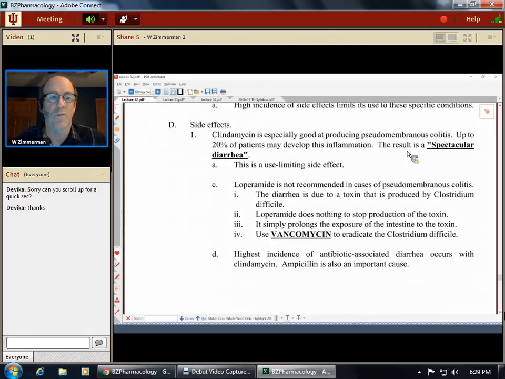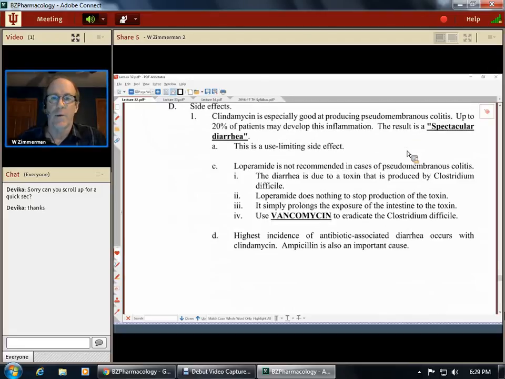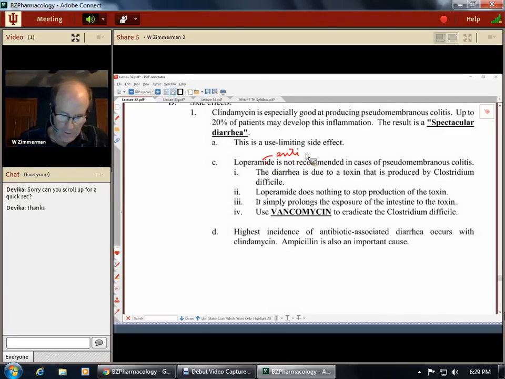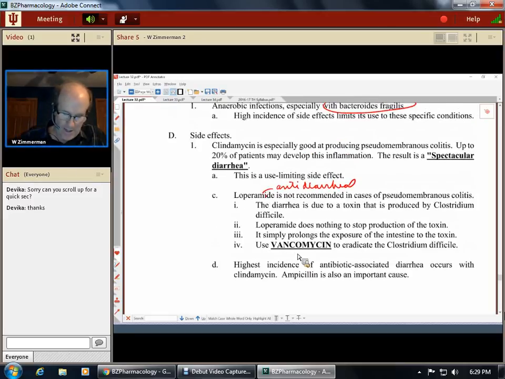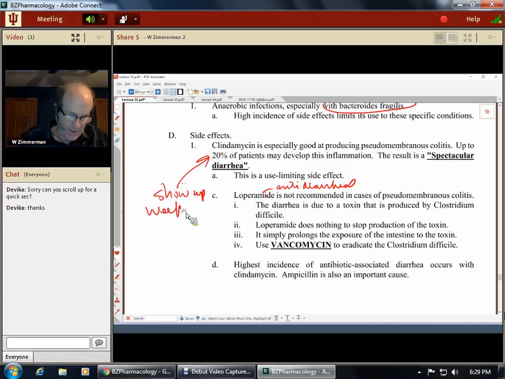Again, I think I've mentioned this before, but loperamide, which is an antidiarrheal, you don't want to use that when somebody's having this diarrhea. And the problem here, again, this colitis, it'll show up weeks or months after therapy.